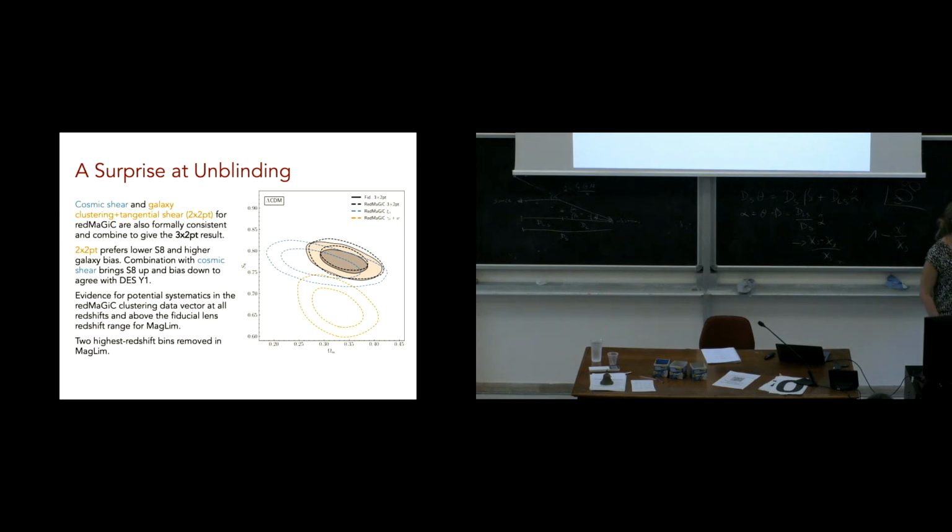We were very surprised to see that the galaxy clustering and galaxy-galaxy lensing combined ended up at an S8 of about 0.65, while the combination with cosmic shear, so the full 3x2 point, these black contours over here, are fine and match our expectations.